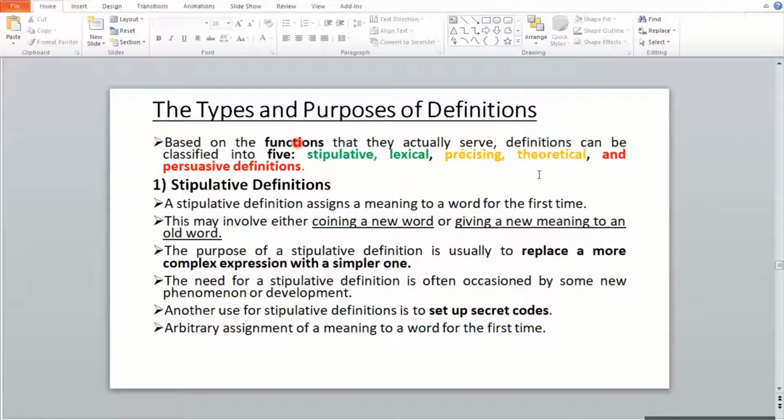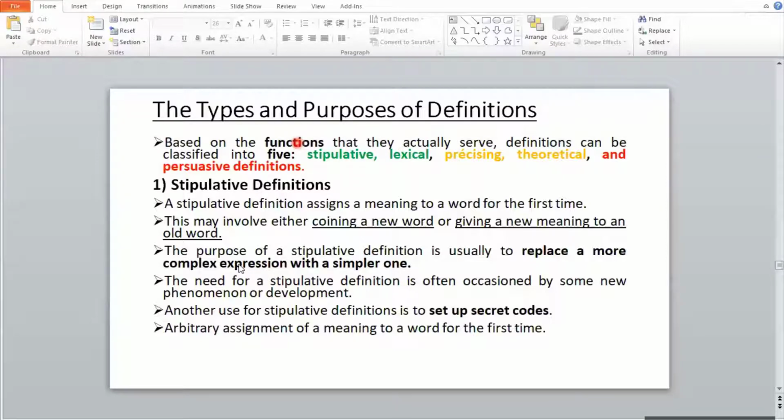The third type of definition is the precising definition. And the fourth one is the theoretical definition. And the last one is the persuasive definition. So now let's look at each type of definition one by one. The first one is the stipulative definition.